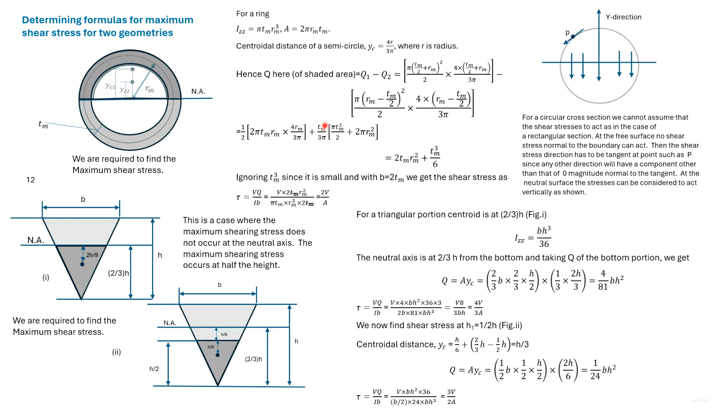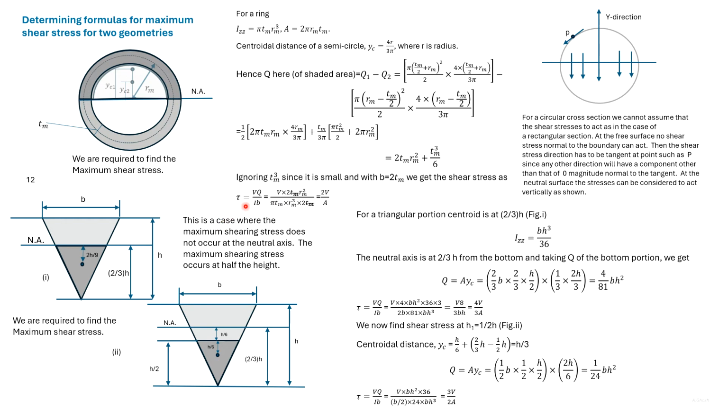Multiplying the portion outside the bracket with the first term in the bracket, we get Tm cubed divided by 6. Now Tm cubed would be very small, and so we ignore this second term. So Q for the shaded area is given as 2 into Tm Rm squared.